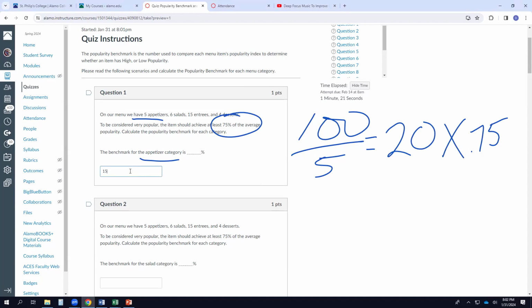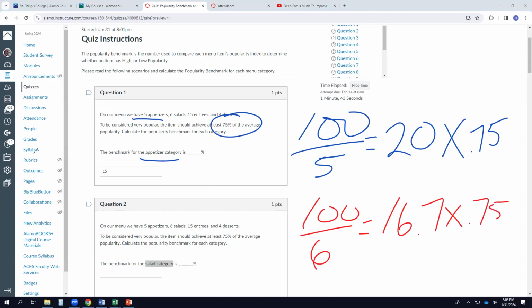Question number 2. Now it's asking about our salad category. So what's 100 divided by 6? 16.7. Now we multiply by the same 75%. See, the 75% stays the same. So questions 1, 2, 3, and 4 will all have 75%, but each question is asking for a different section of the menu.